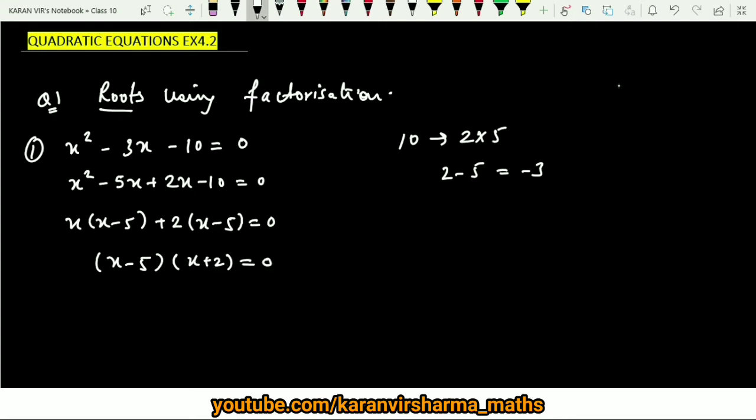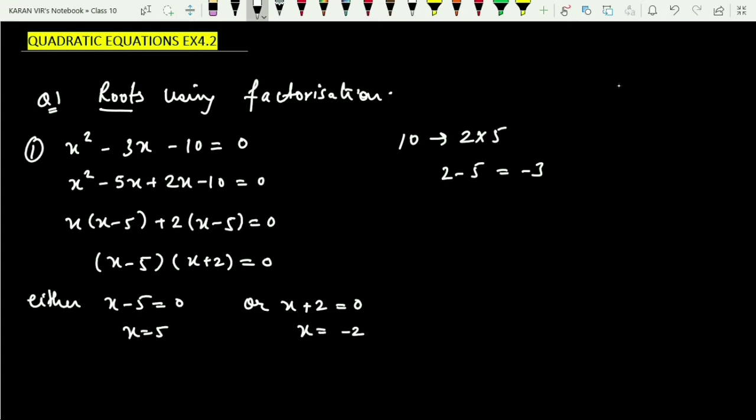So the roots of the equation will be either x minus 5 is 0 or x plus 2 is 0. When x minus 5 is 0, it means x is equal to 5. And in this case, x will be minus 2. So 5 comma minus 2 are the roots of the above equation.